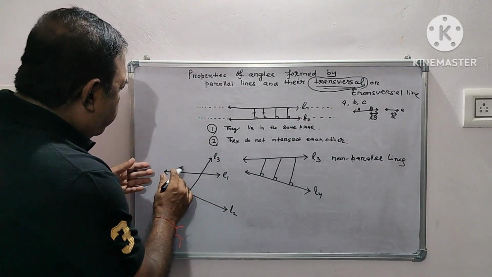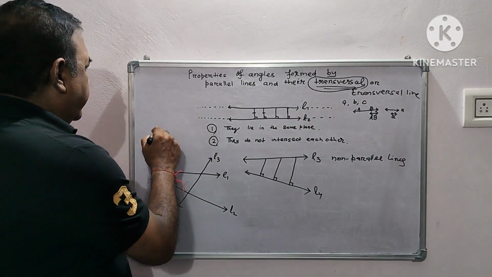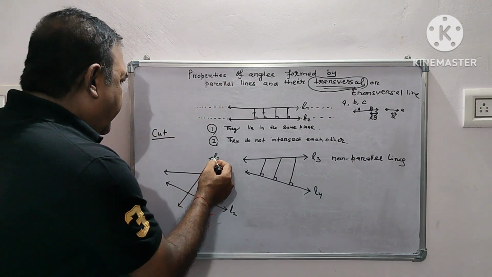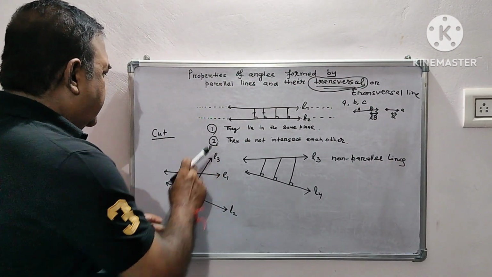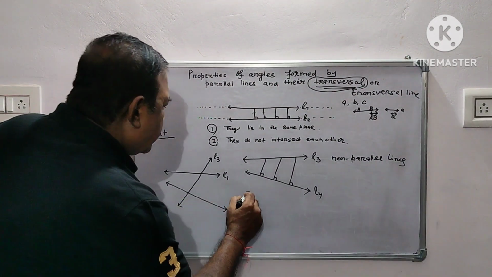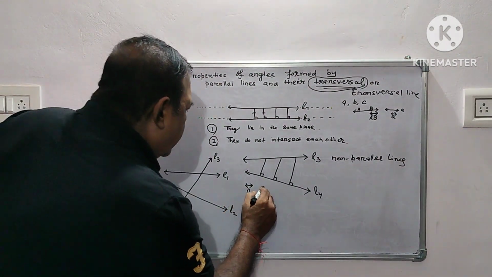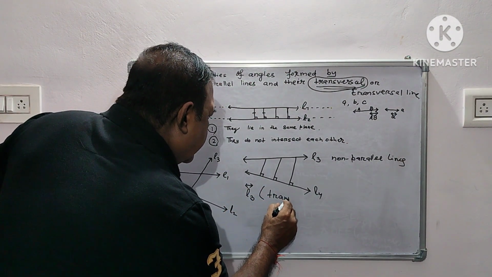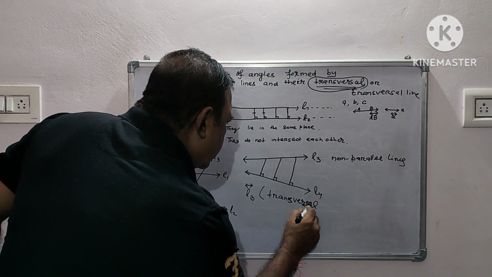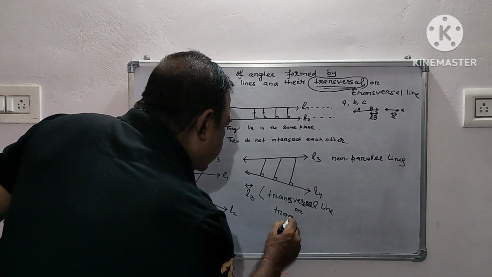So two non-parallel lines L1 and L2 are cut by a line that is L3, this one. So this is called transversal or transversal line. So here L3 is called transversal line, or in short you may write transversal.